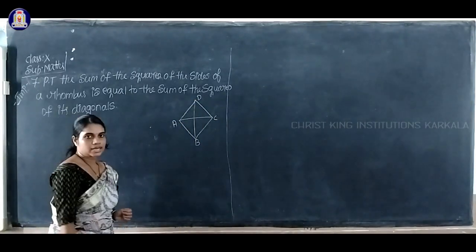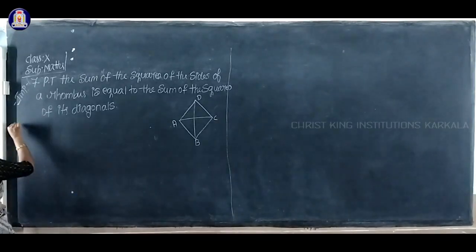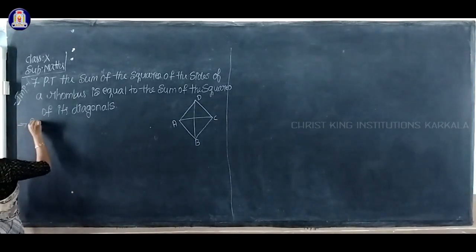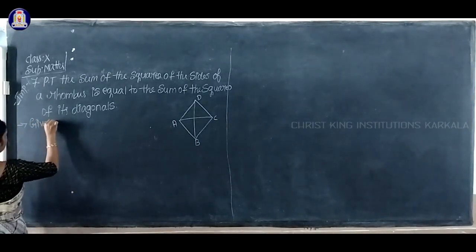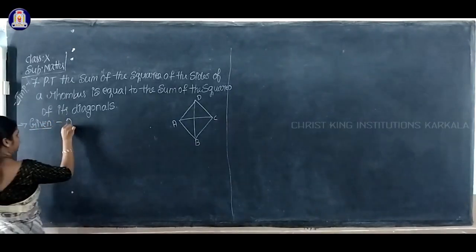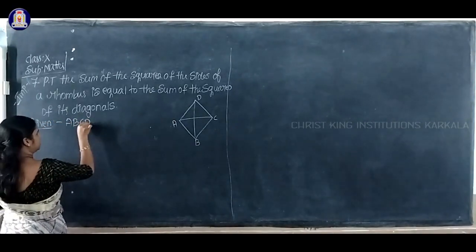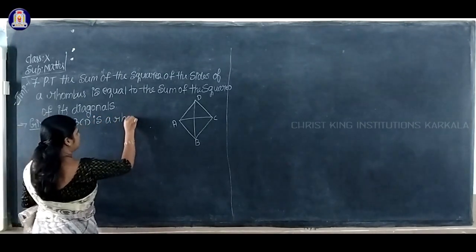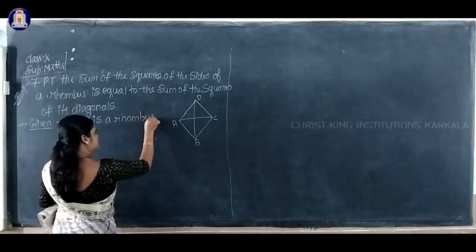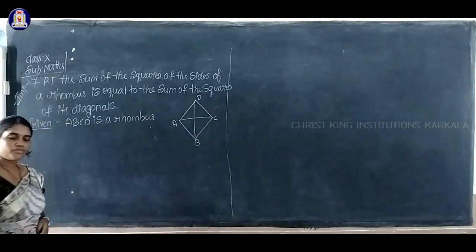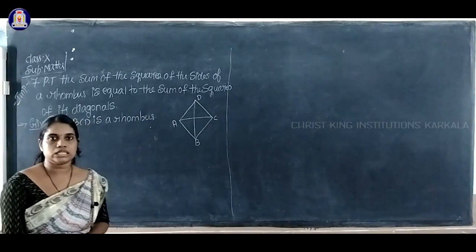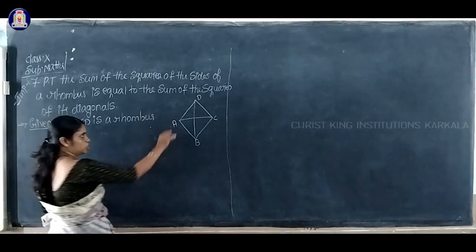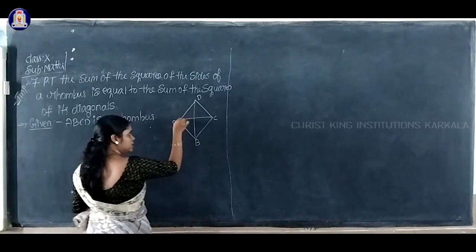First I'll write the given data. Given: what they have given in the question. ABCD is a rhombus. We know that in the case of a rhombus all four sides are equal, isn't it? Which are the four sides here?